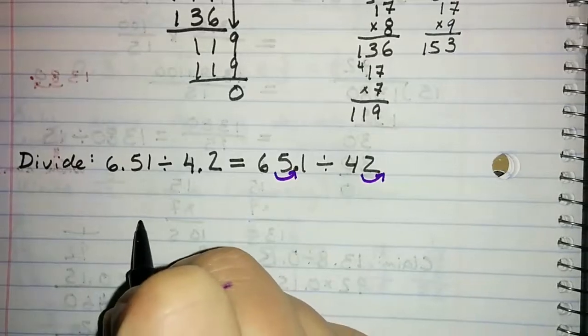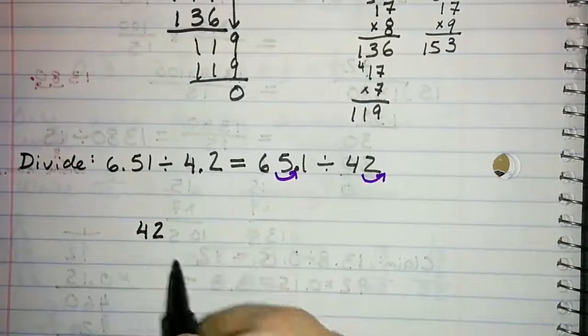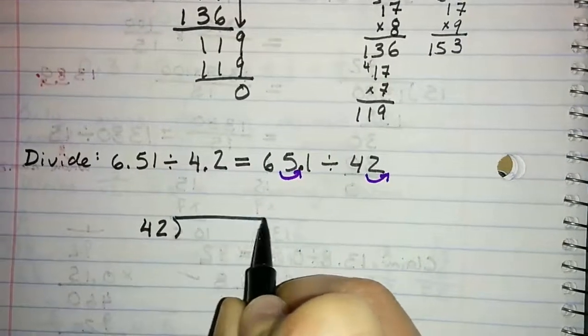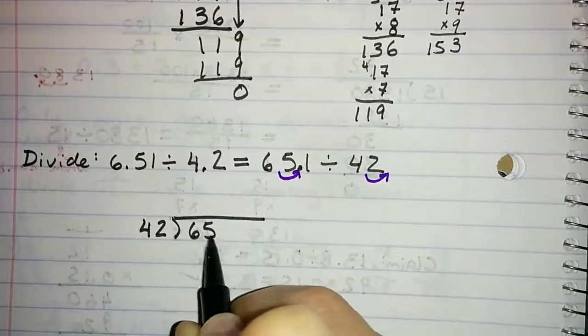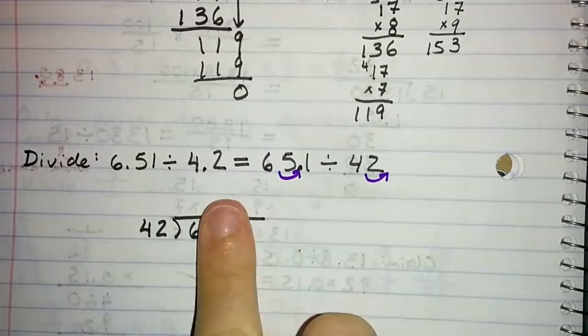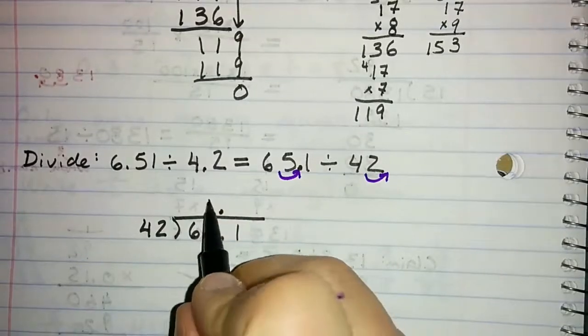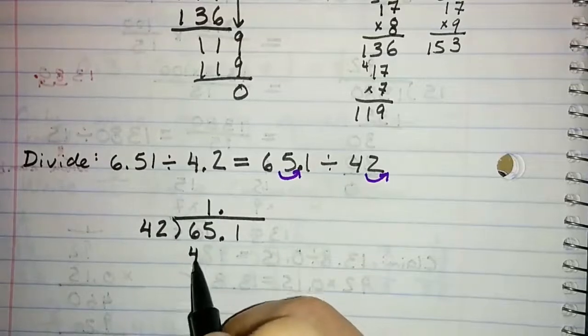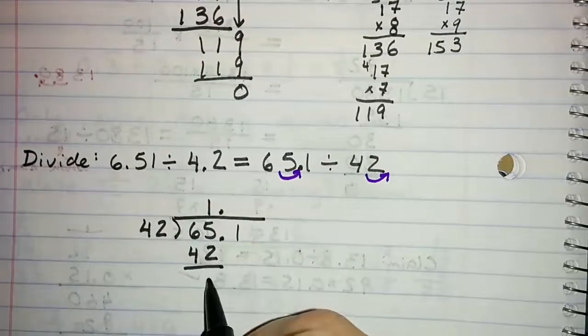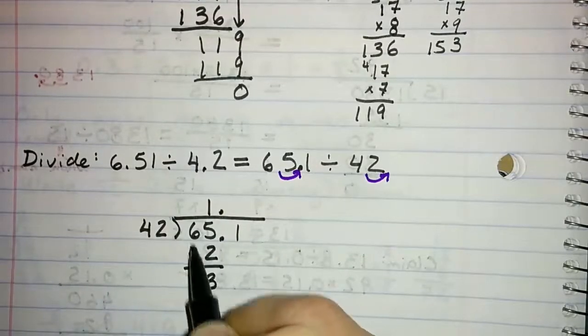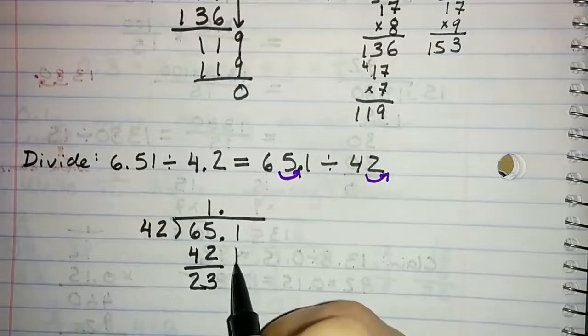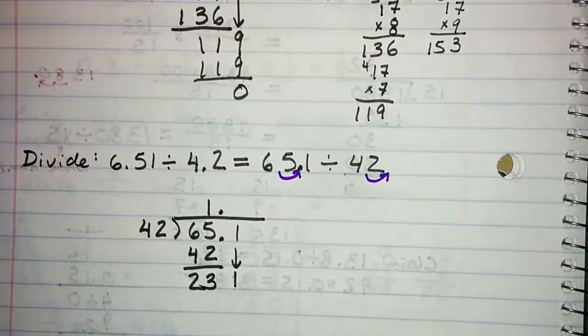So the division we'll actually do is 42 into 65.1. 42 goes into 6, not at all. It goes into 65 once. 1 times 42 is, of course, 42. Subtracting, I have 3, 2, bring down the 1.